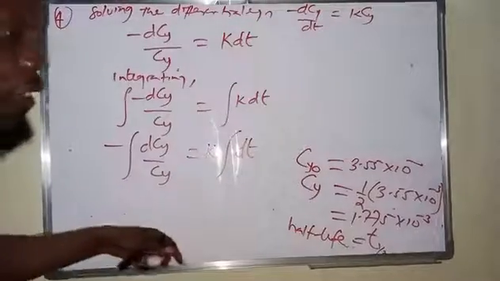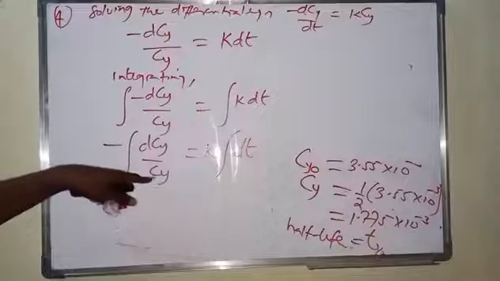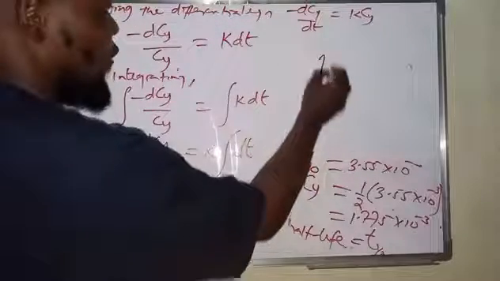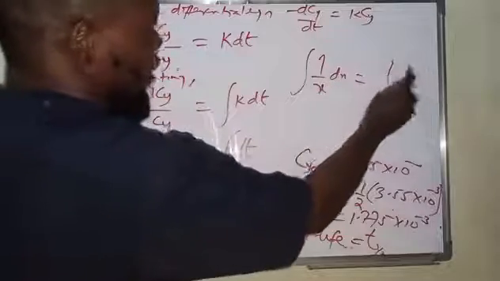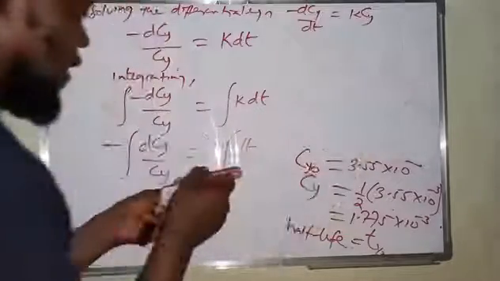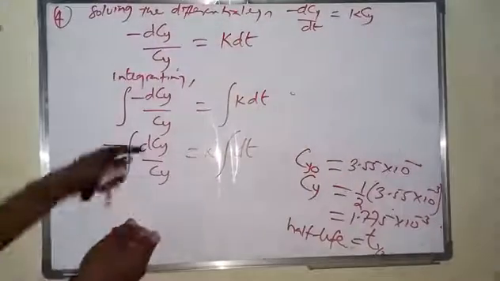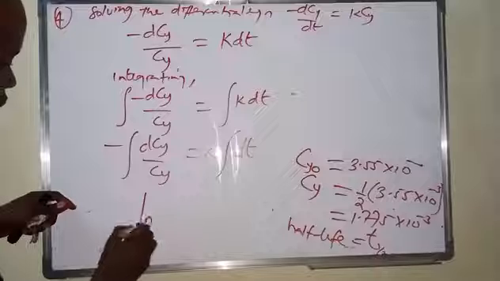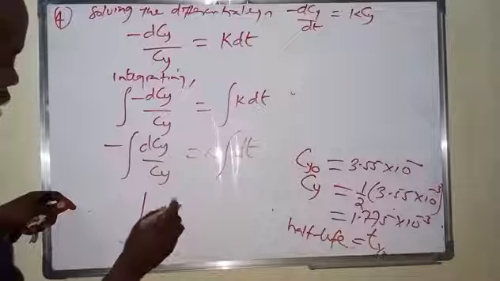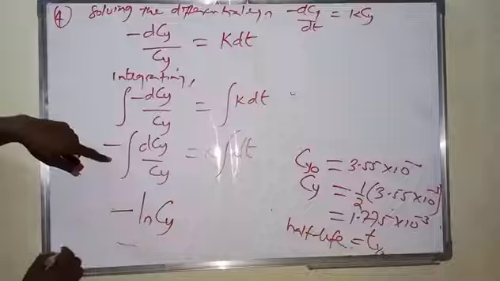By the law of integration, the integral of 1 over x dx is what? ln x. So the integral of 1 over Cy dCy will be ln of Cy. Then we have a negative here, we must not forget.